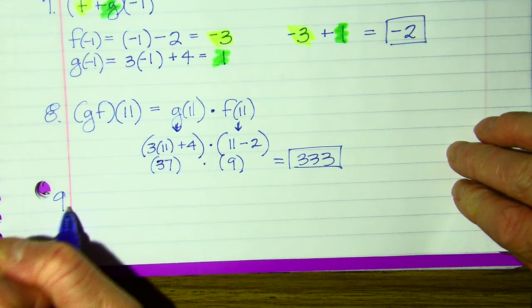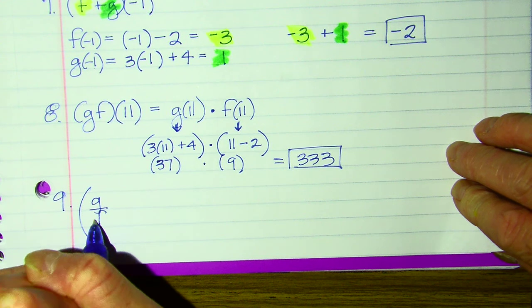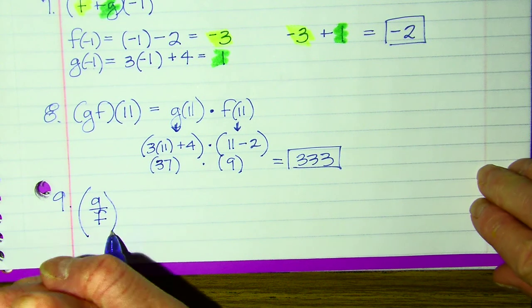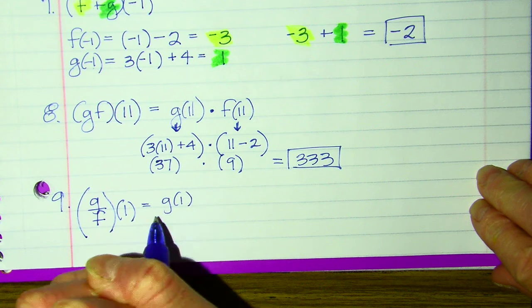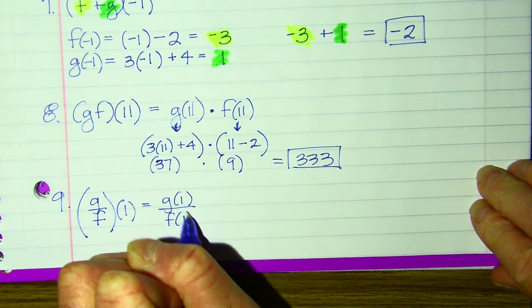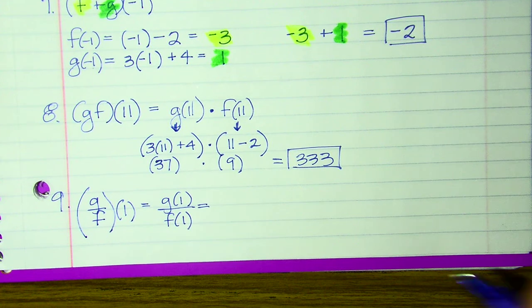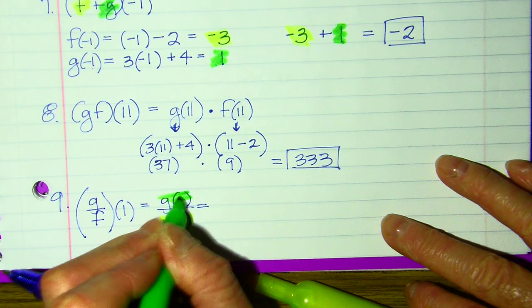Next one, G divided by F at 1. So this is the same as the function of G at 1 divided by the function of F at 1. So again, remember, F is the yellow function, G is the green function.